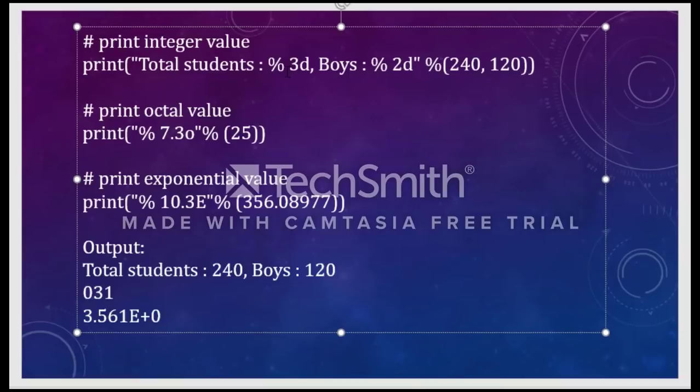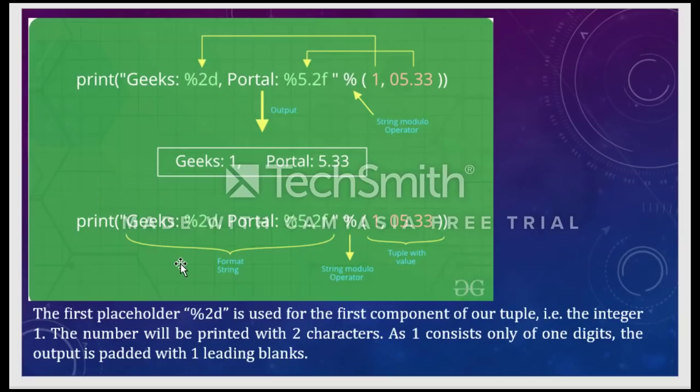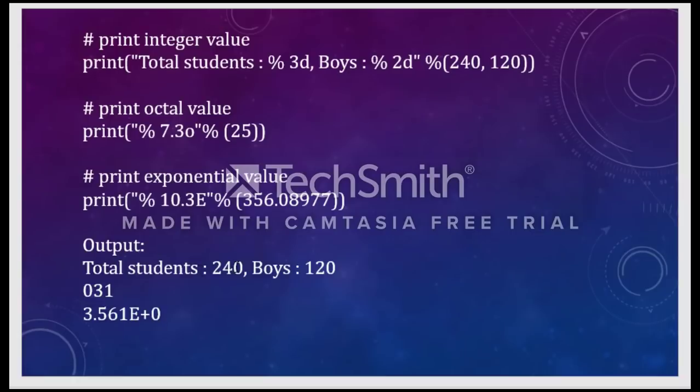So here: total students percentage d, boys percentage d. After that I write the modulo operator percentage, then give the values. Total students is 240, and boys is 120. You can see the output here: total students 240, boys 120.